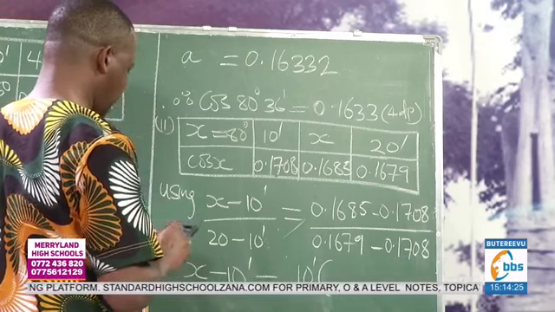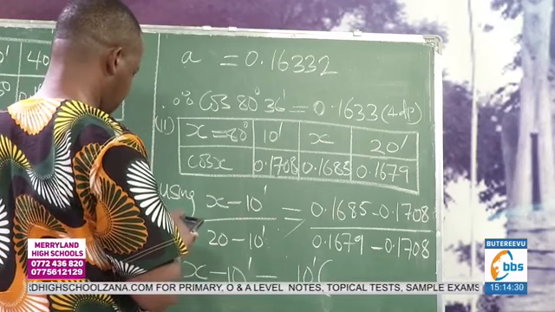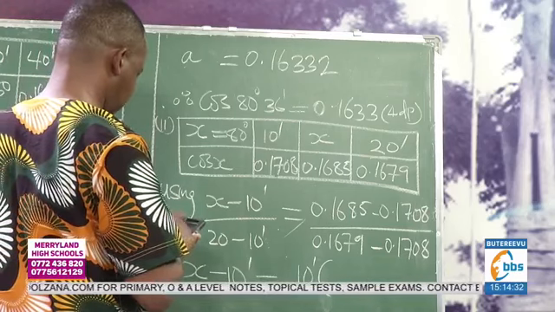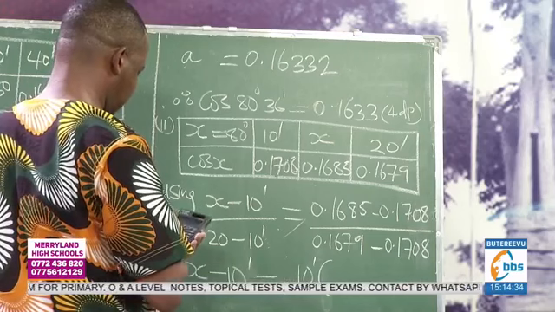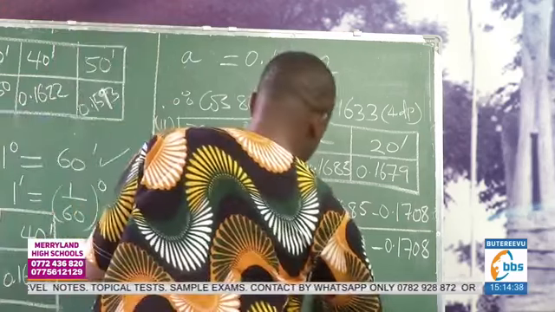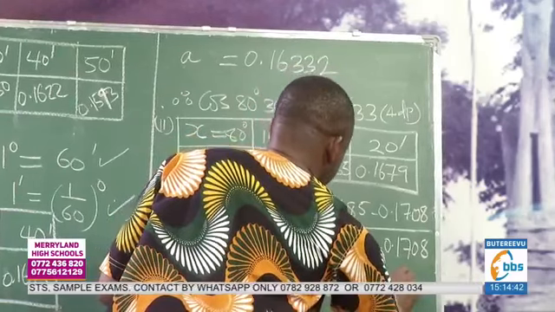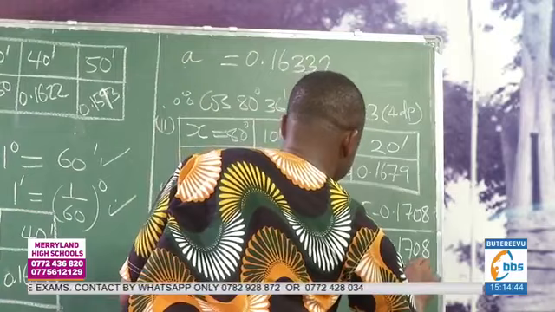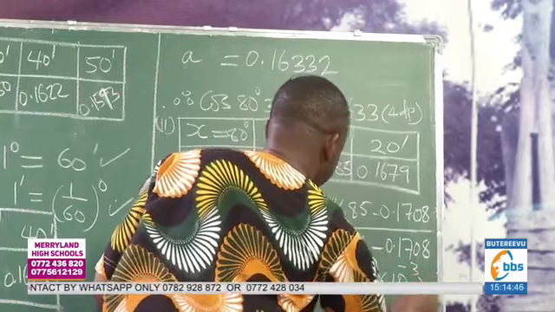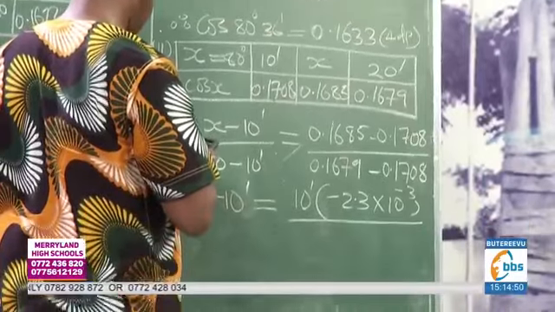When you subtract that, 0.1685, you take away 0.1708, you should be able to get negative 2.3 times 10 to the negative 3, and this is divided by 0.1679.